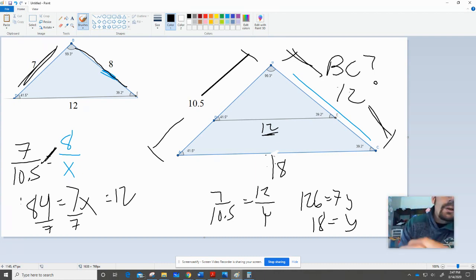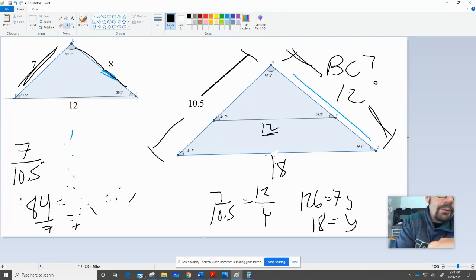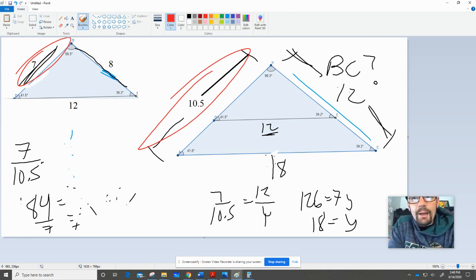Basically what happens here is that if we were to divide the bigger by the smaller, for instance, if we did 7 divided by 10.5, or 8 divided by 12, or 12 divided by 18, I need a bigger eraser here. Basically what would happen is this 7 right here is 2/3 of that 10.5.